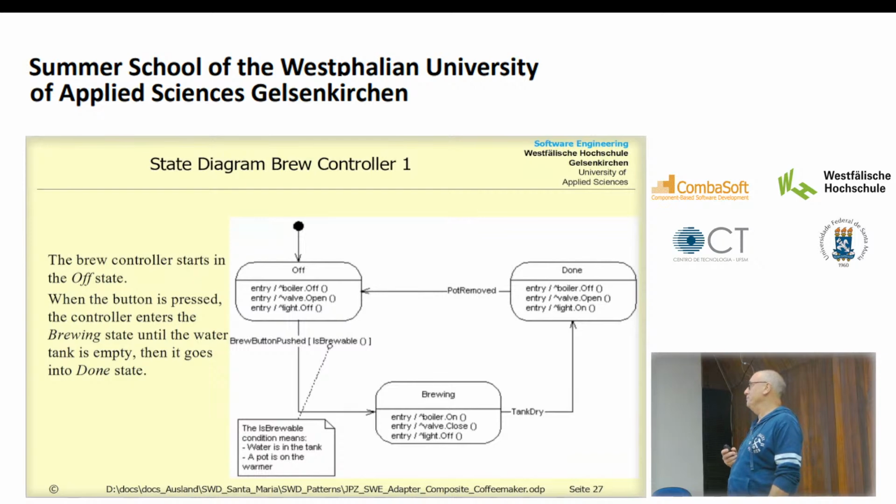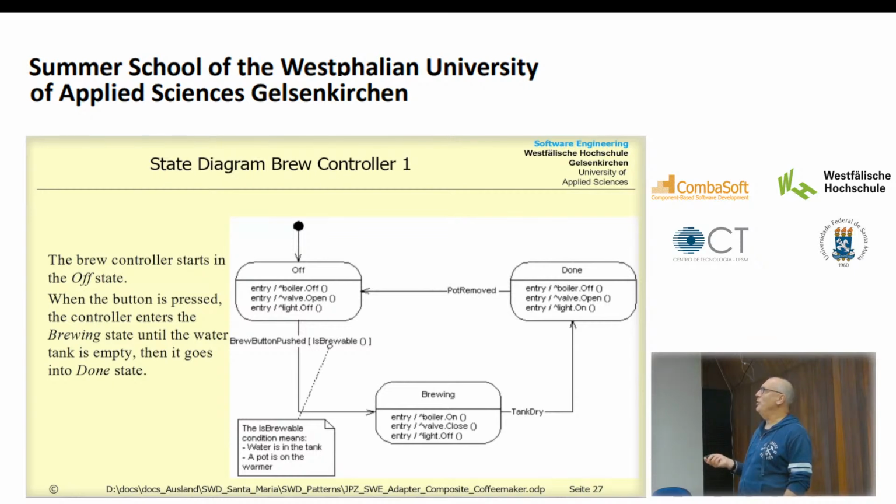Okay. This is a state diagram, you know? Very much used in technical systems. So you have the brew controller which is off, done, or brewing. At the entry of the off state, the boiler is off, the valve is open, and the light is on.